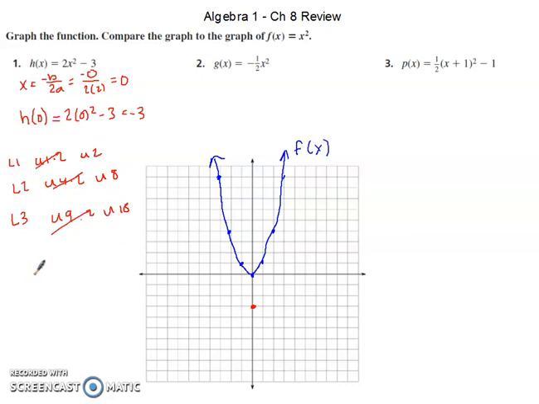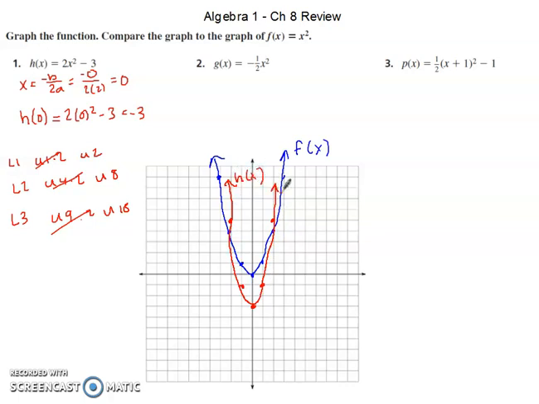So right 1, right 2, and right 3. So left 1, up 2, left 2, up 8, and left 3 up 18 goes off my graph, and then on the right I reflect, right 1 up 2, right 2 up 8, and then my graph looks something like this, and that is h of x.